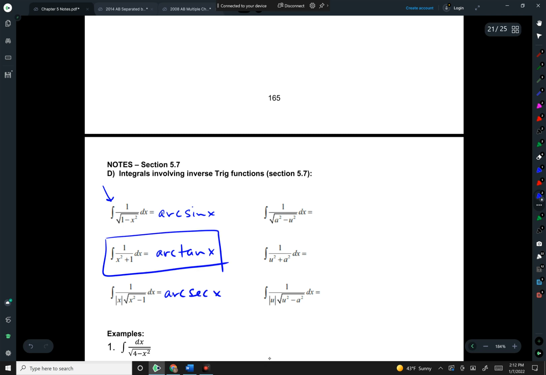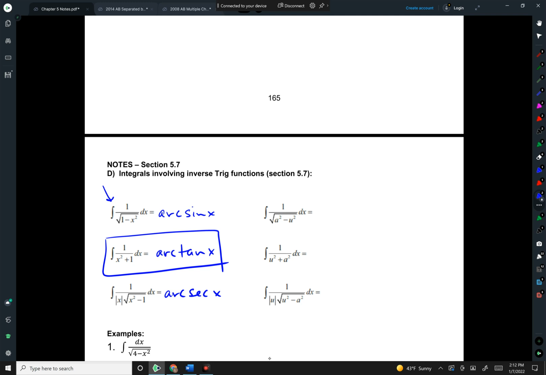And this one, when we start getting into BC topics, will come up now and then. Enough that by the time we get to AP exam time, you'll remember the arctangent one. Okay? Now look to the right. This is kind of the chain rule version. Look at the one in the middle. It's 1 over, instead of x squared plus 1, it says u squared plus a.